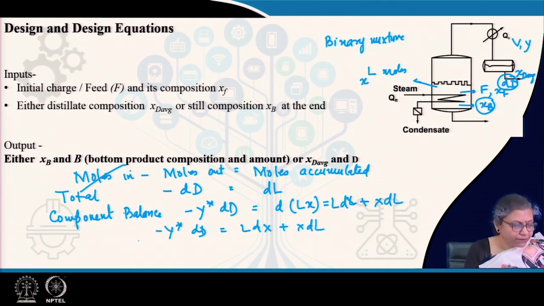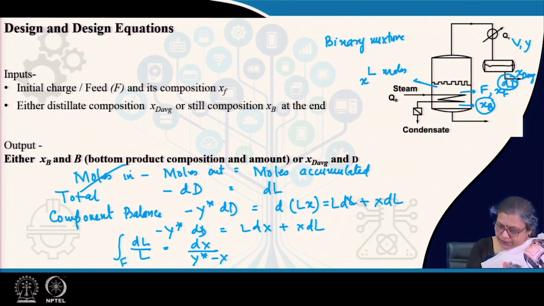From there we can define dL by L as equal to dx by y star minus x, and this L varies from what? It starts from the feed, and it continues till the amount of moles of the bottom which is remaining. Correspondingly, this starts from xF and continues till xB, isn't it?